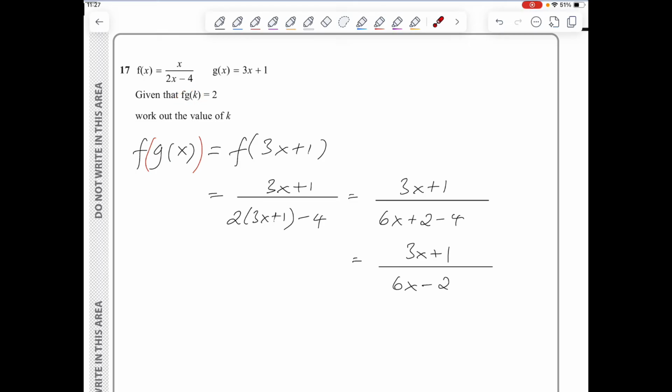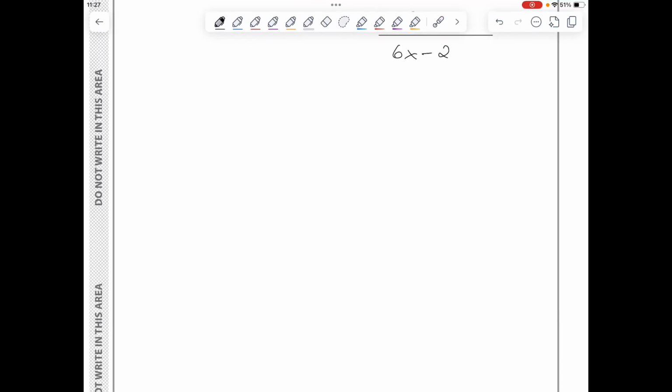Next, I'm going to consider fg of k. Now, fg of k is the same thing as this one, but instead of x, I have letter k, and this must be equal to 2. So 3k plus 1 over 6k minus 2 is equal to 2. Let's start by cross multiplying. 3k plus 1 is equal to 2 times 6k minus 2.